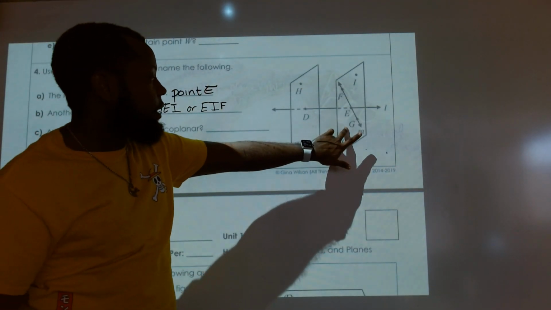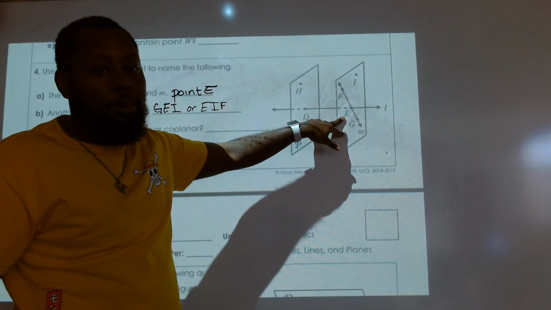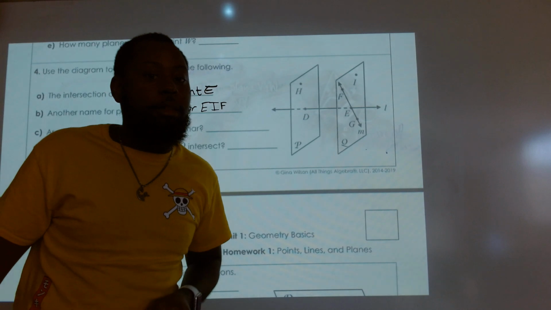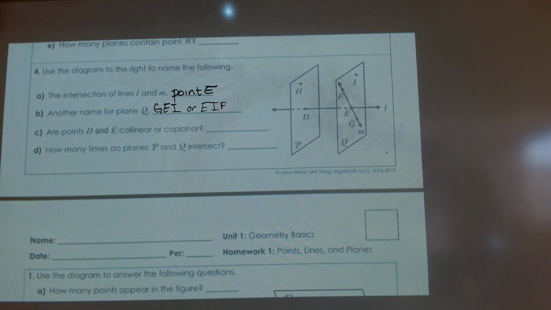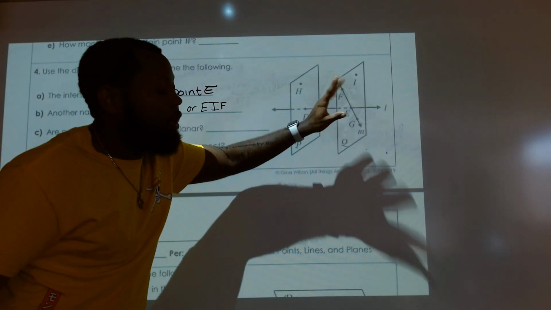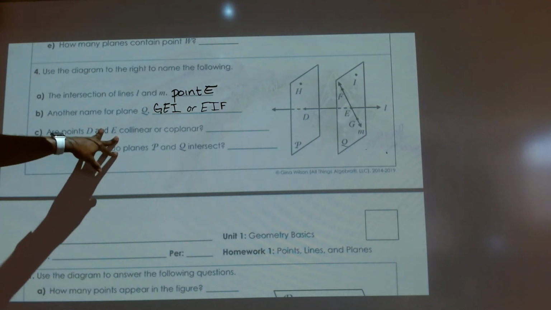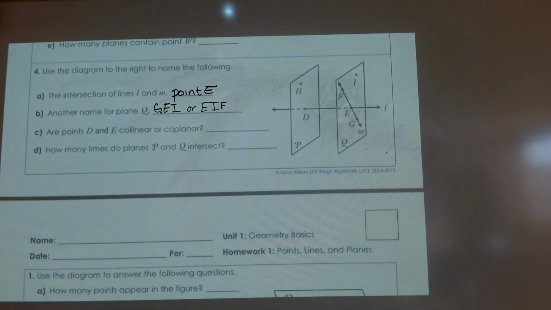Because you could go with G and E, those two on the same line, but because I is not on that same line, you can include it when you name a plane. Now, if I was on here, you cannot. Okay? Remember, to name a plane, you need 3 non-collinear.